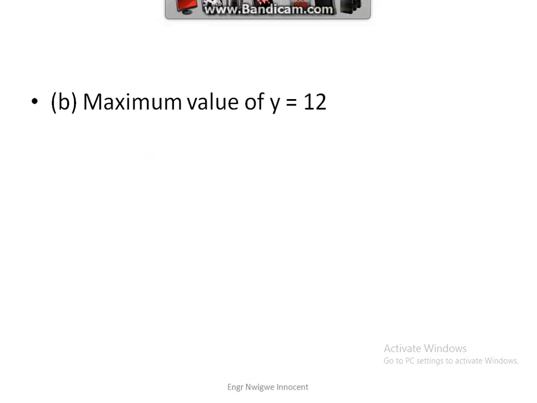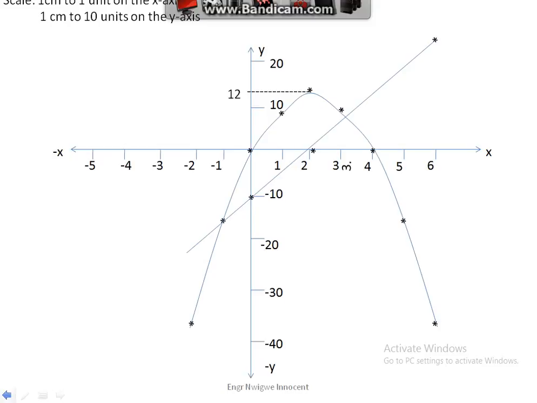Then we have to write down the maximum value of y equals 3x(4 minus x) within the given range. The maximum value is at the peak of the curve, traced to the vertical axis, which is 12. So the maximum value of y is 12.